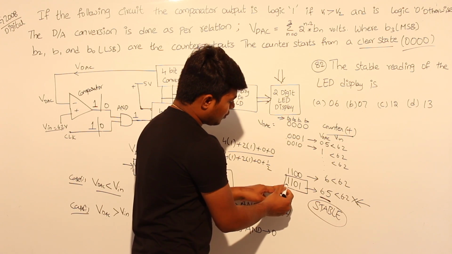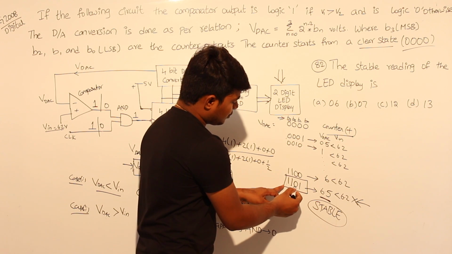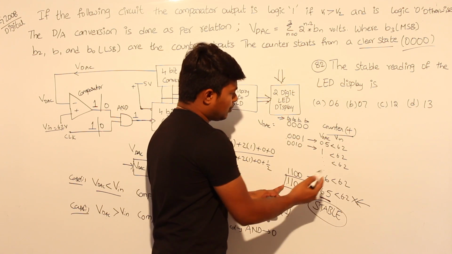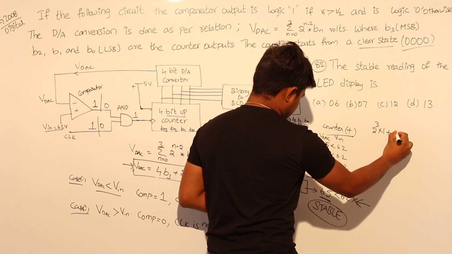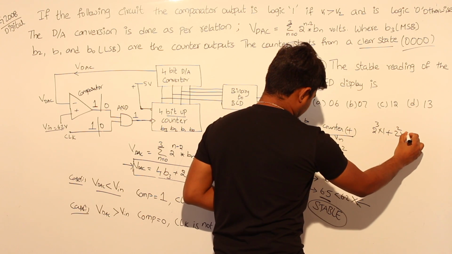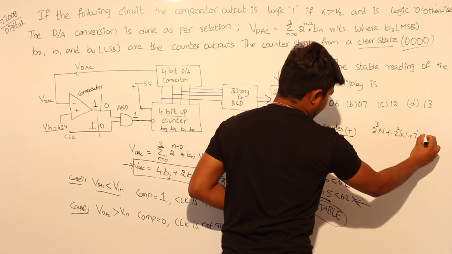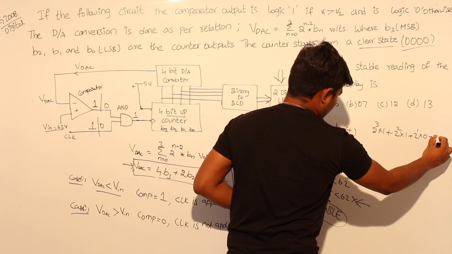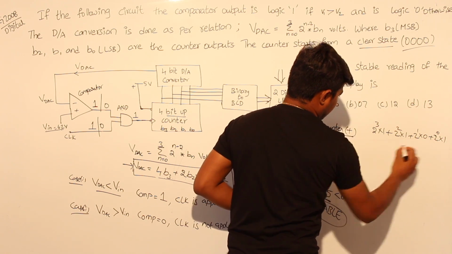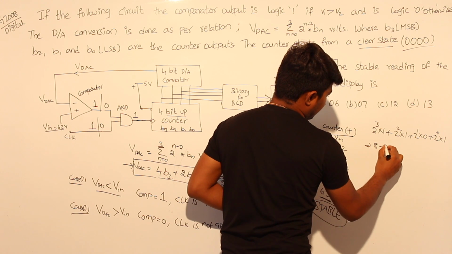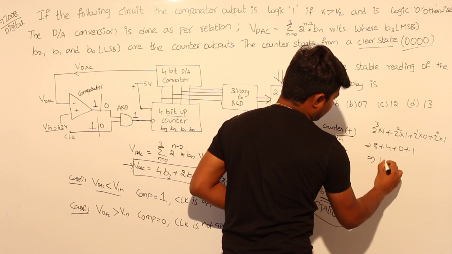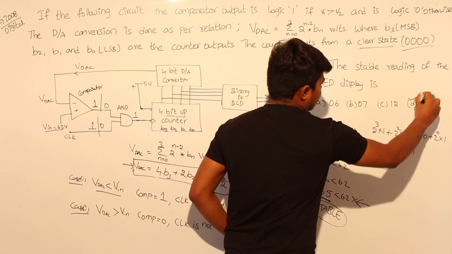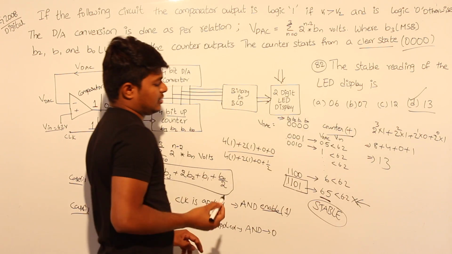It's 2 cube into 1 plus 2 square into 1 plus 2 power 1 into 0 plus 2 power 0 into 1, equals 8 plus 4 plus 0 plus 1, that is equal to 13. So the answer 13 will be displayed here.